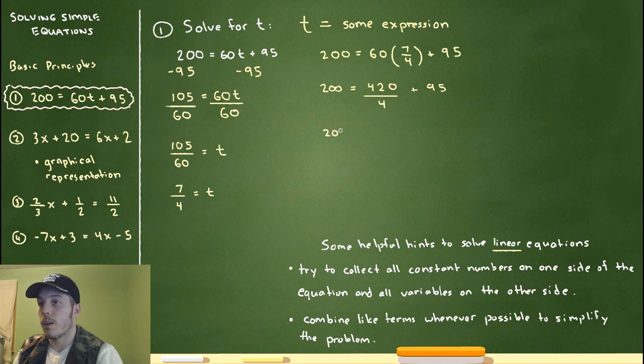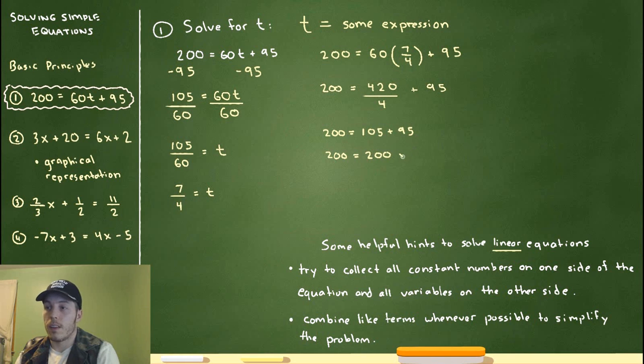Okay, so 200 is equal to 420 divided by 4, which is 105. Now 105 plus 95, we get 200. All right, so this is a true statement, right? 7 over 4 is the value that makes this a true statement.